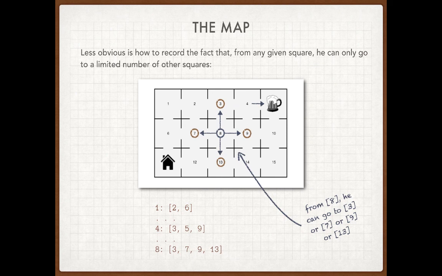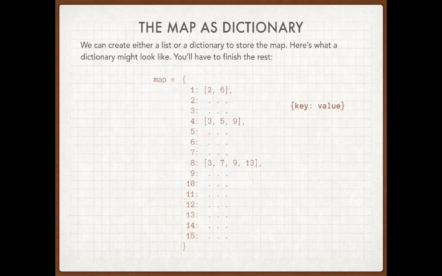If he happens to be in square 8, then he has 4 choices to go to. He could go to 3 or 7 or 9 or 13. So if I open drawer number 8 in my filing cabinet and I see the list 3, 7, 9, 13, all I have to do is to choose one of those options, and that's his next square. So I think a list and a dictionary, or both, or one of either, makes some sense here.